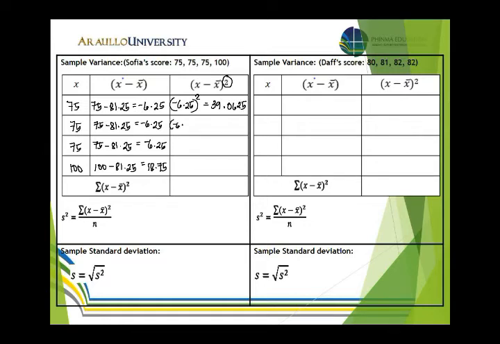Okay, so we have negative 6.25 square, 39.0625, negative 6.25 square, 39.0625, and then we have 18.75 square. So we have 351.5625.